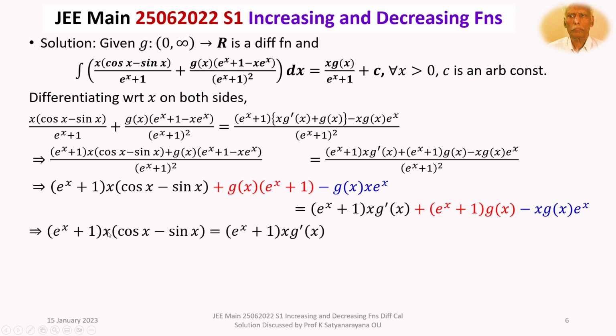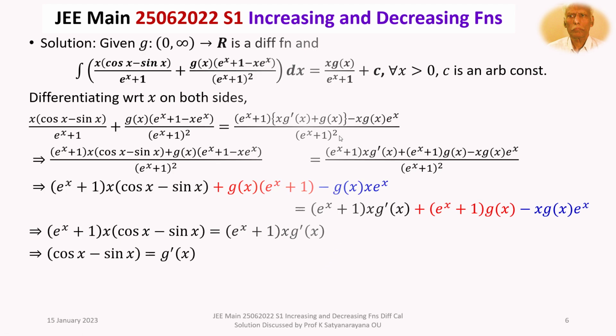And we will also cancel x. Why? x is not in the domain of the function g. Therefore, x is not 0 for g. So because x is not equal to 0, you can cancel that term as well. So you will get cos x minus sin x is equal to g prime x. So g prime x is cos x minus sin x.